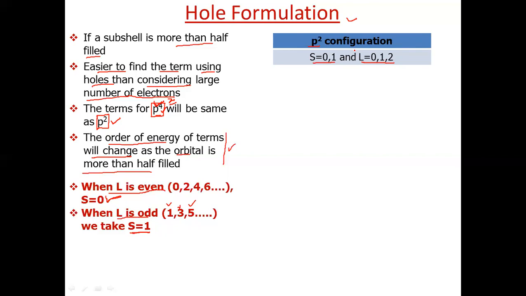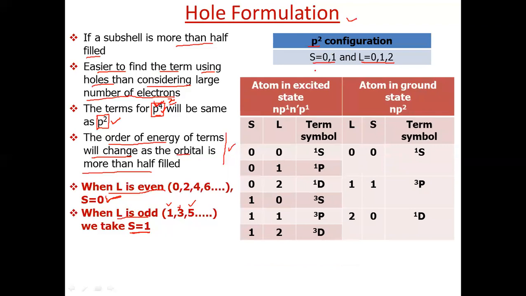Now by applying this formula, we can have 6 different combinations: S0 L0, S0 L1, 0 2, 1 0, 1 1 and 1 2, which gives you 6 term symbols. If we ignore J, we have these 6 spectroscopic terms for a p2 configuration.